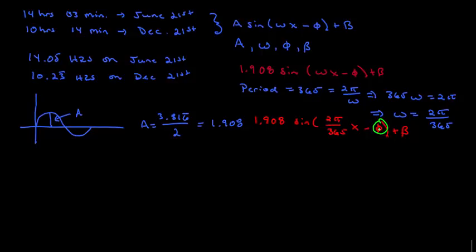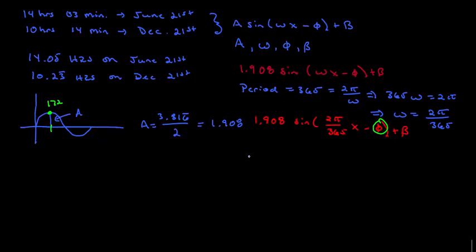So here's what I'm going to do. I'm going to make this actually easier than what we were discussing in class. The summer solstice is the 172nd day. So I went and made sure that that number was right. So the peak should happen at 172. So what I want to do is I want that peak to correspond with this guy in here. So here's the trick that I'm going to do.